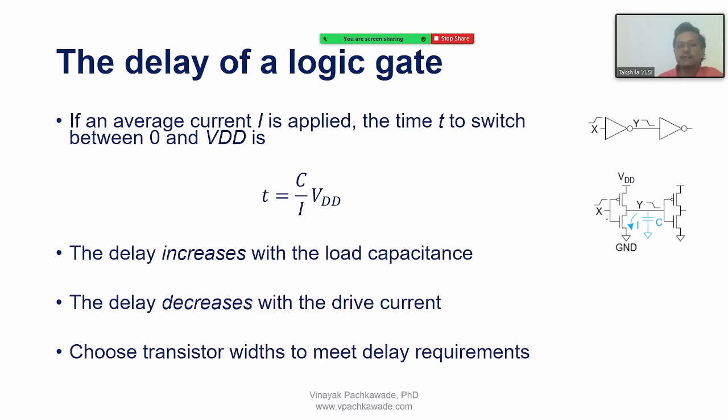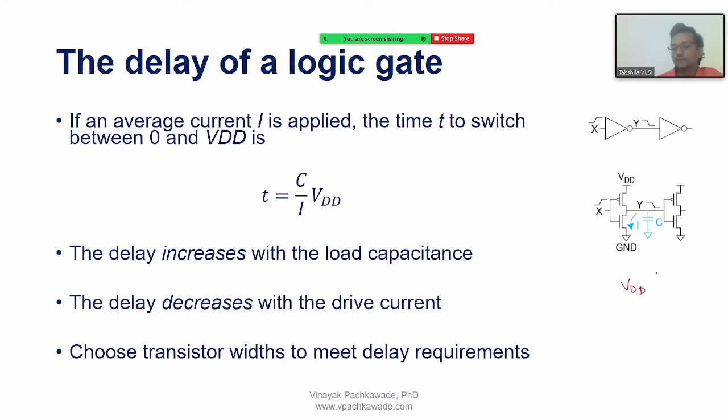So let's say I have this average current I coming out of this inverter and charging this capacitance C right over here. So it will take some time to charge this capacitor and also to discharge it. And when I am charging this capacitor, what is the voltage level or logic level that I am charging it with?